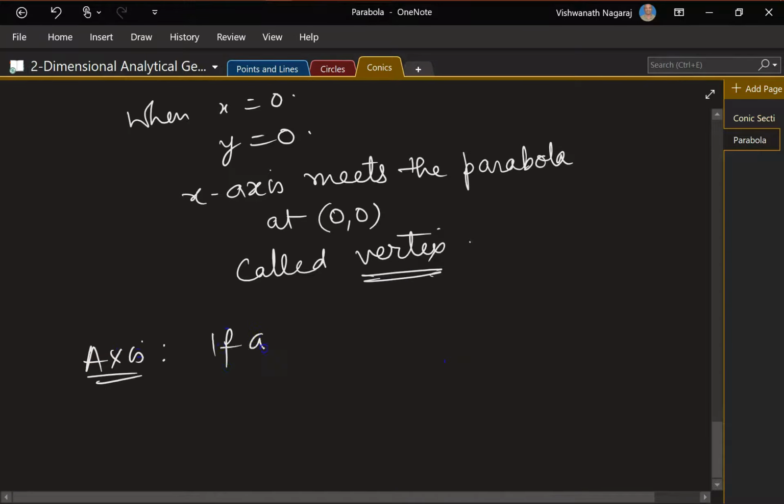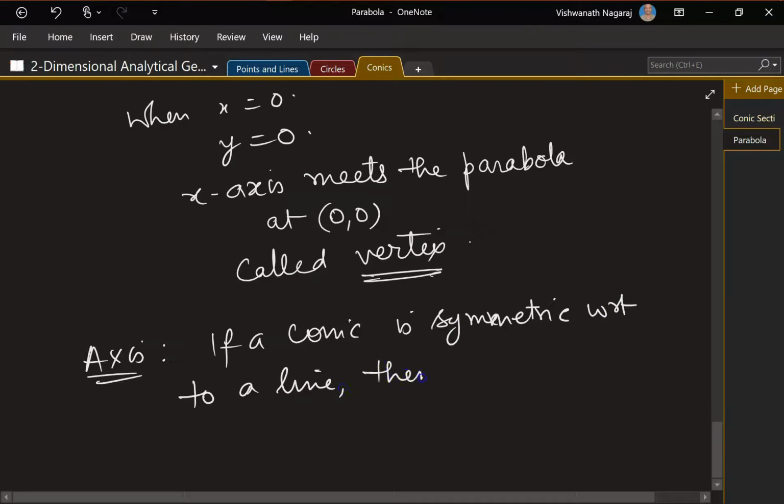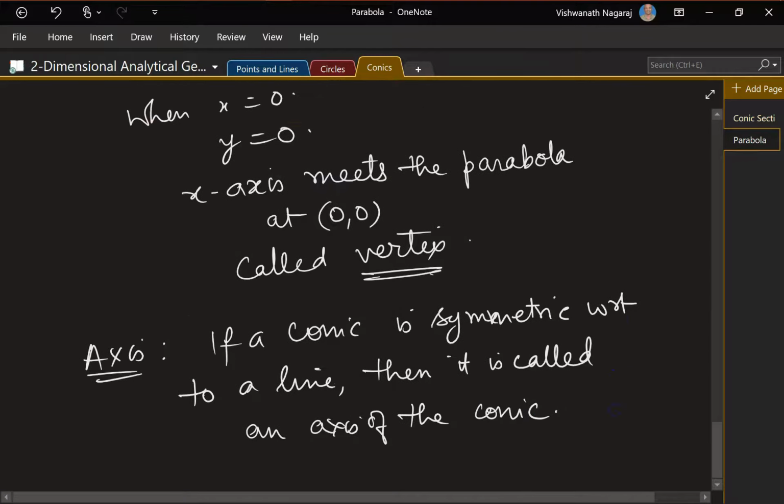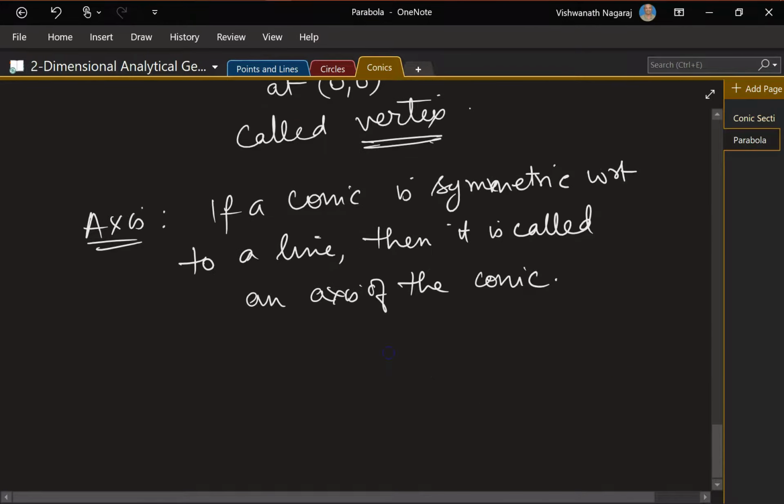If a conic is symmetric with respect to a line, then that line is called an axis of the conic. So here the x-axis is the axis of the parabola.